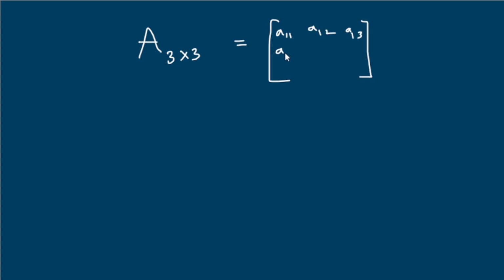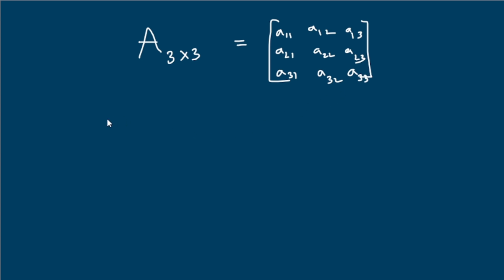For example, you are given a matrix A, a matrix of order 3, which will be like A11, A12, A13, A21, A22, A23, A31, A32, A33.